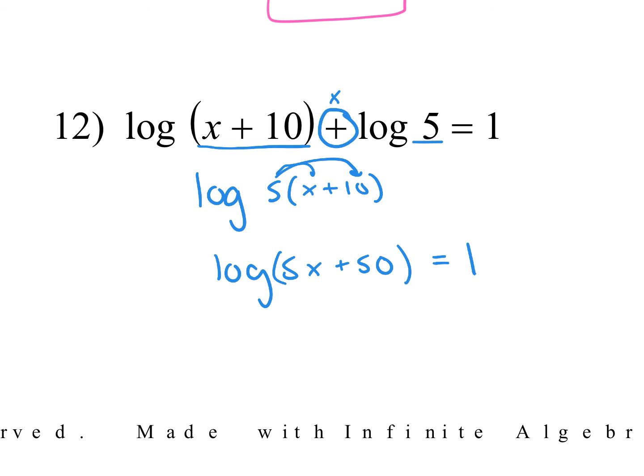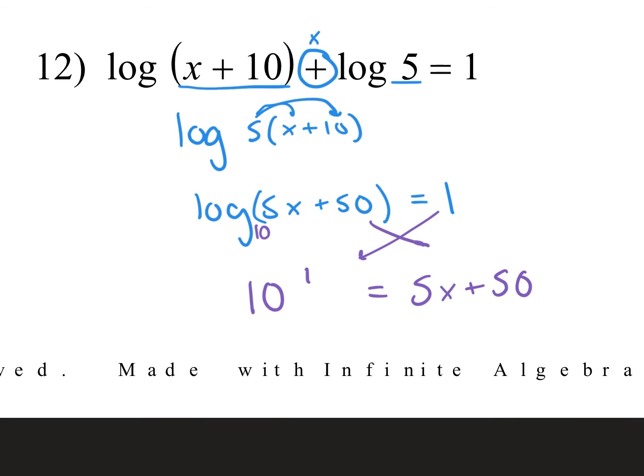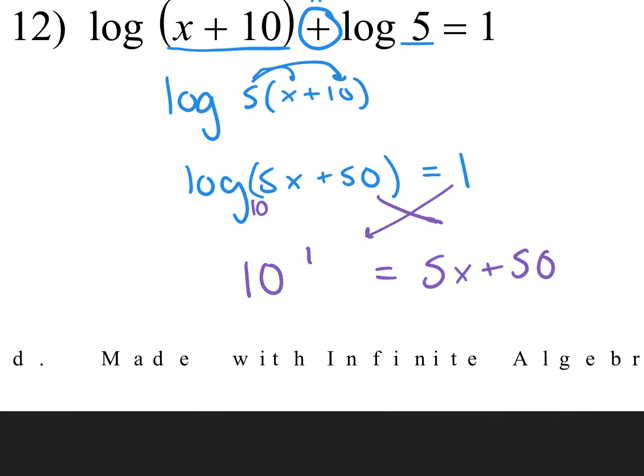So next I want to put it into exponential form. So what's the base on my log here? 10. Remember, it's not written, it's 10. So we start with the 10. What's my exponent? 1. And then what's it equal to? 5x plus 50. And then I can solve. So what's 10 to the first power? Just 10.